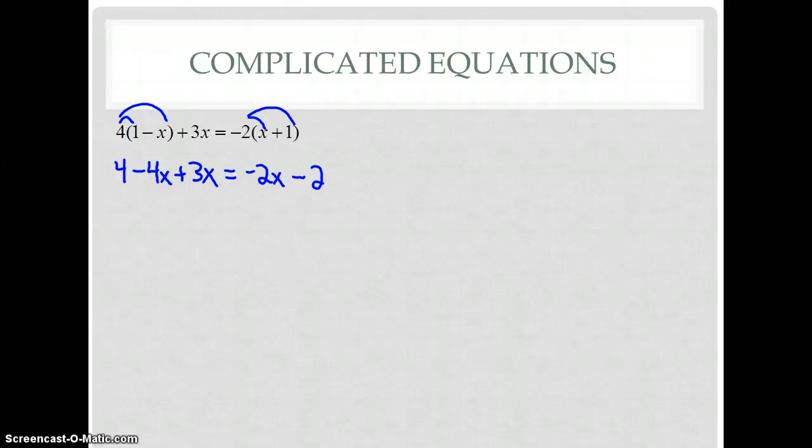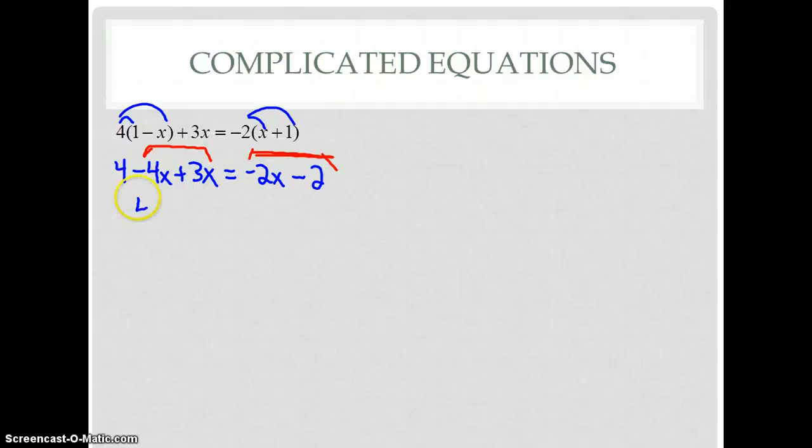So the right side here is good to go. However, I have to combine these two terms right here. Negative 4x and 3x. Since they are on the same side of the equation, I just combine them together.